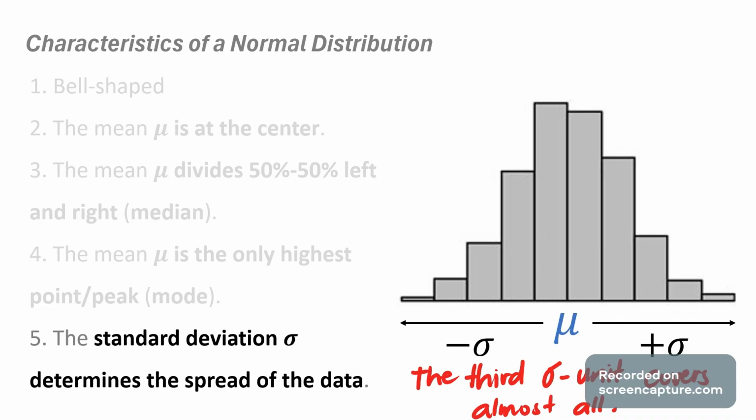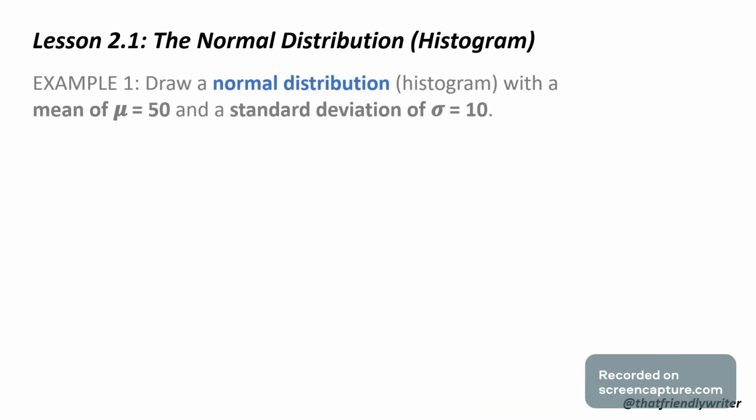Let's have an example. Let's draw or sketch a normal distribution in histogram with a mean of mu equals 50 and a standard deviation of sigma equals 10. First, let's draw the x-axis. Then we place the mean mu 50 at the center. It doesn't have to be exactly at the center, we just estimate where the center is.